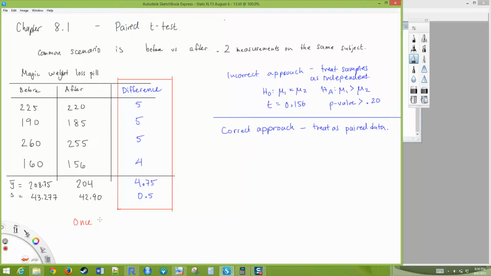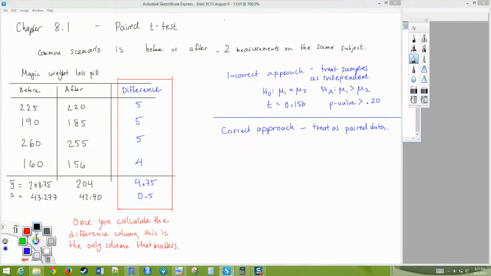Once you calculate the difference column, that's the only one that matters.